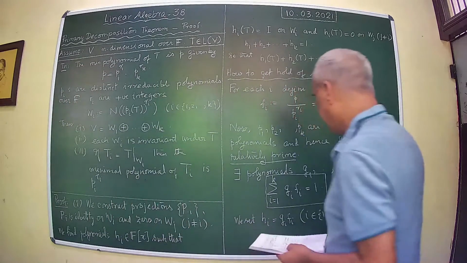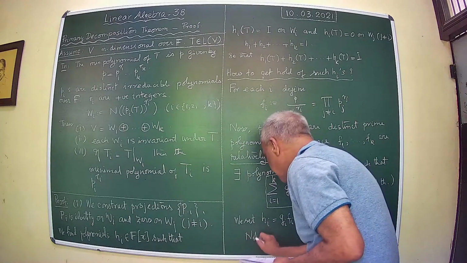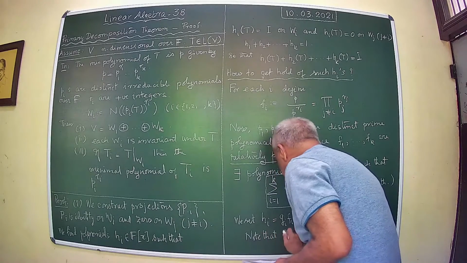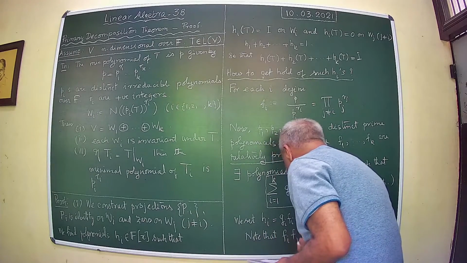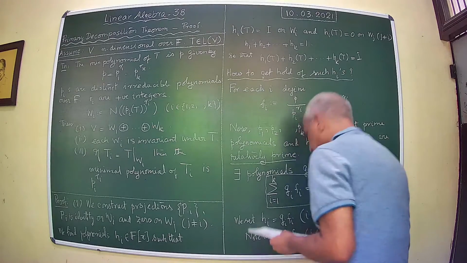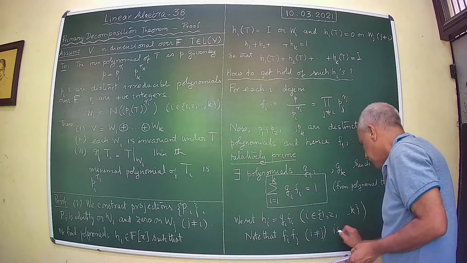If you take fi fj, note that whenever i is different from j, it is divisible by p.